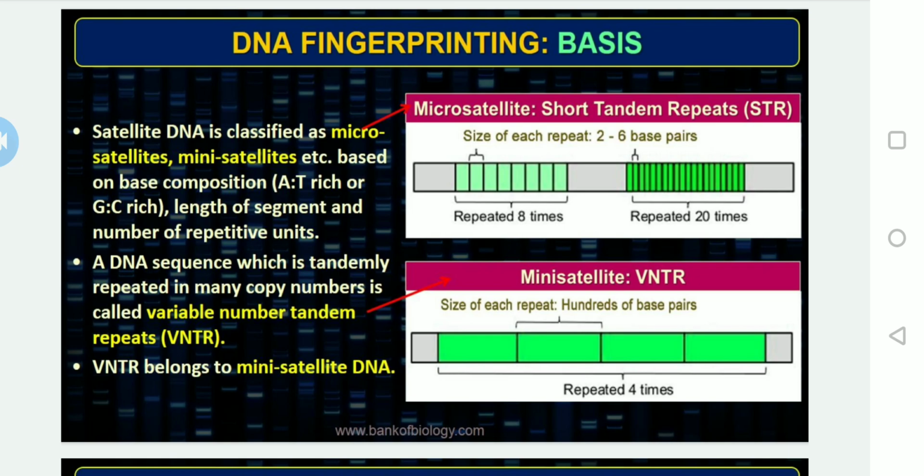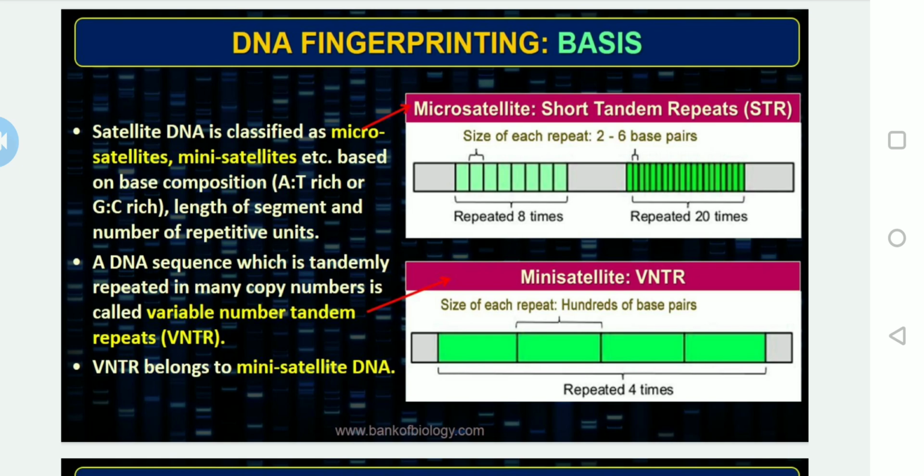A DNA sequence which is tandemly repeated in many copies is called variable number tandem repeats. So the microsatellites are short tandem repeats, and the mini satellites are VNTR, variable number tandem repeats.